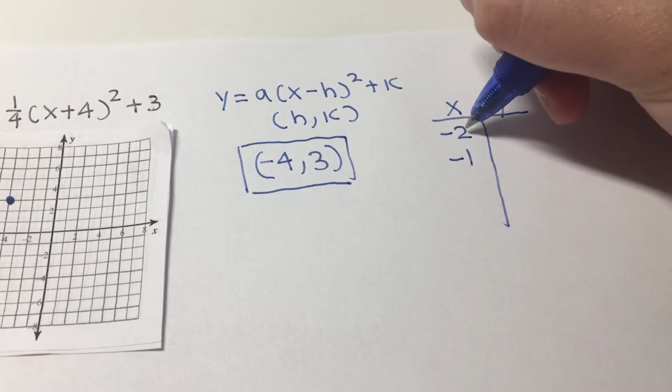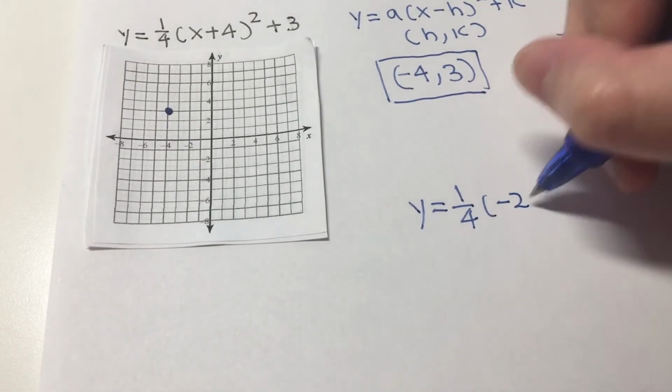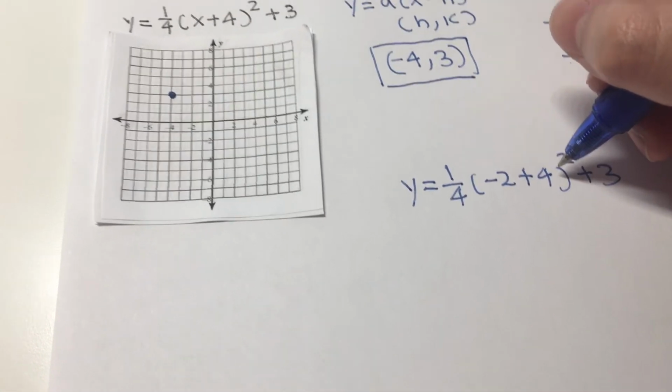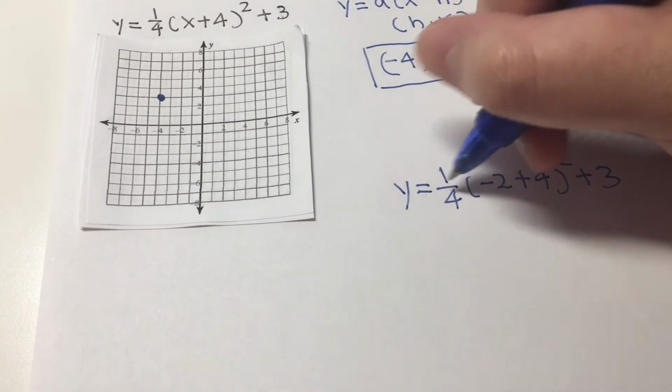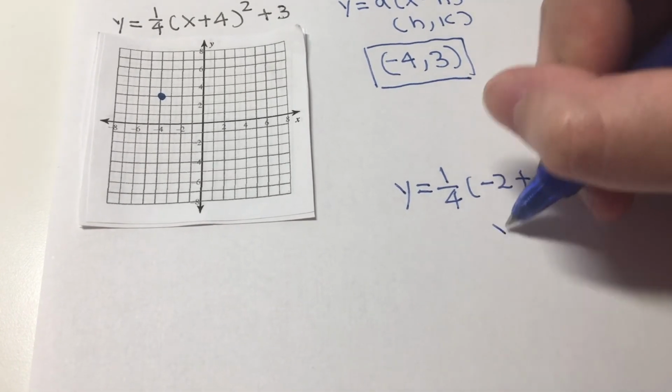Let's plug -2 into the equation. -2 plus 4 is 2. 2 squared is 4. 4 times 1/4 is 1. And 1 plus 3 is 4. So y equals 4.